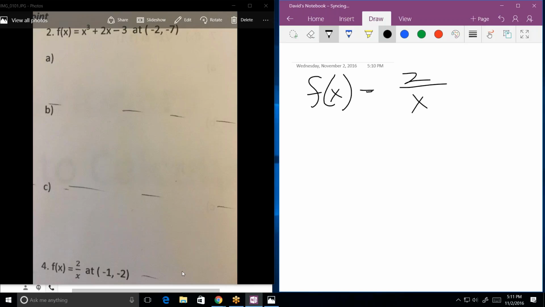Algebra is the manipulation of variables that represent numbers. And calculus is the manipulation of functions. So when I take a derivative, I'm always manipulating the function. Now, if I want to take the derivative here, a better way to write this is like this.